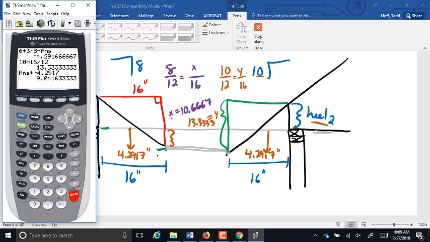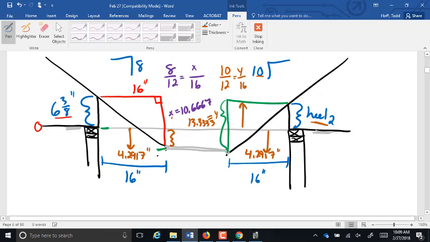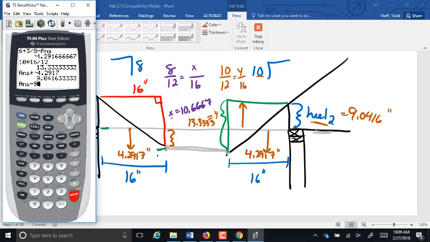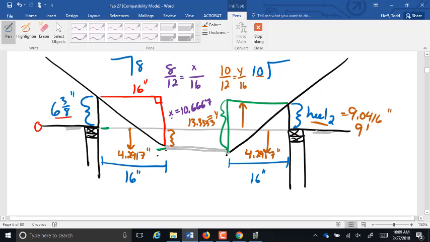That gives us 9.0416. So that means we're 9.0416 inches above here. We have to convert that into inches and 16ths. So we're going to subtract 9 and multiply 0.0416 by 16. So 0.6 we're going to round to 1/16. So this is 9 1/16 inches. So we'd order that truss with a heel height of 9 1/16 inches. The overhangs would be the same, both at 16. Does that make sense?